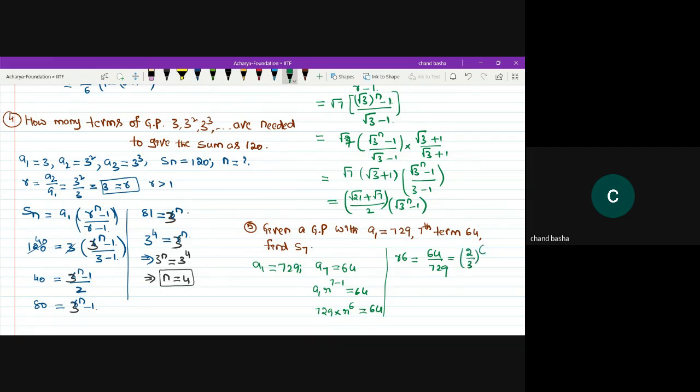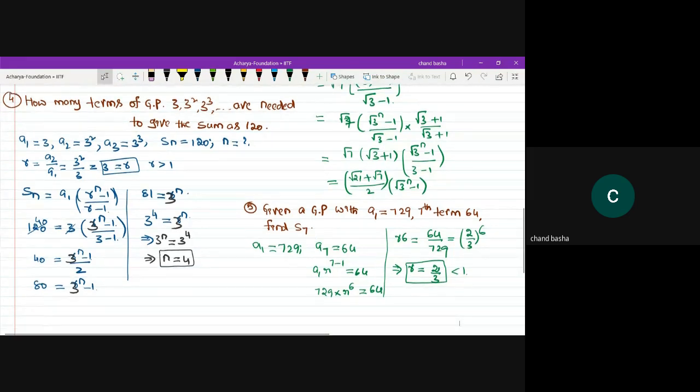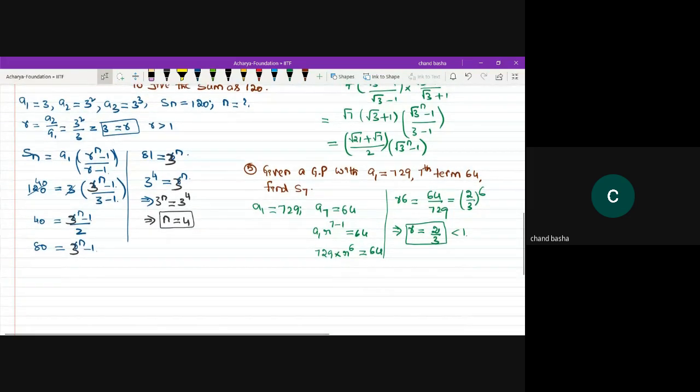If you want, you can observe 729 and then 64, which is 2 power 6. From this, what is r? r is equal to 2 divided by 3, which is less than 1. Less than 1 means we can make use of the 1 minus r power n formula because he is asking S7.